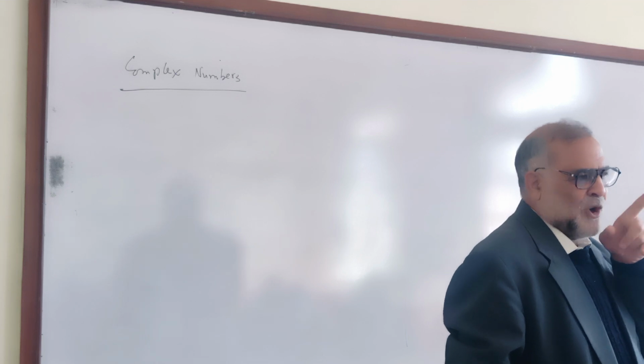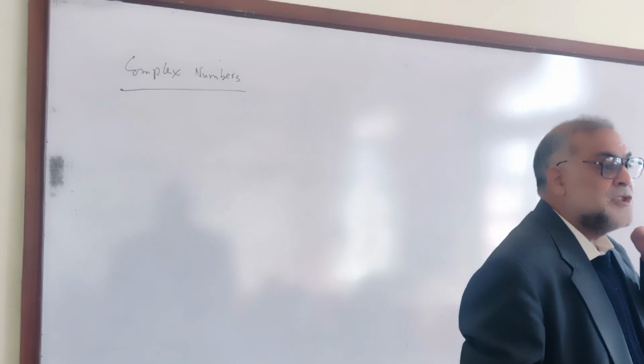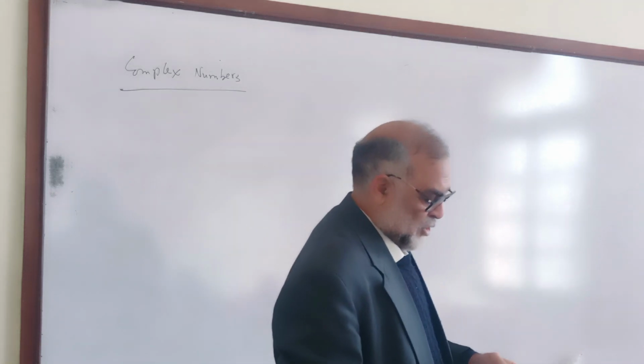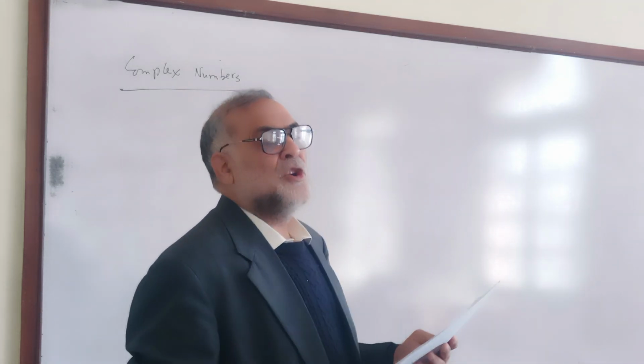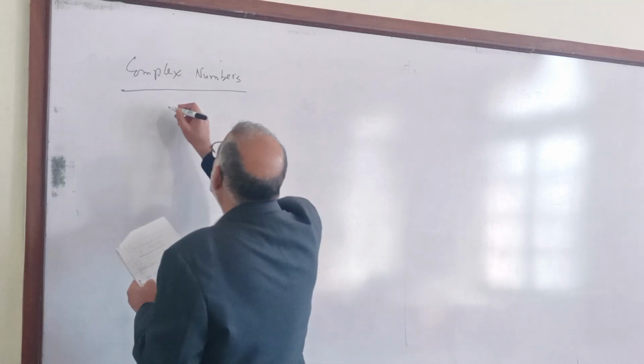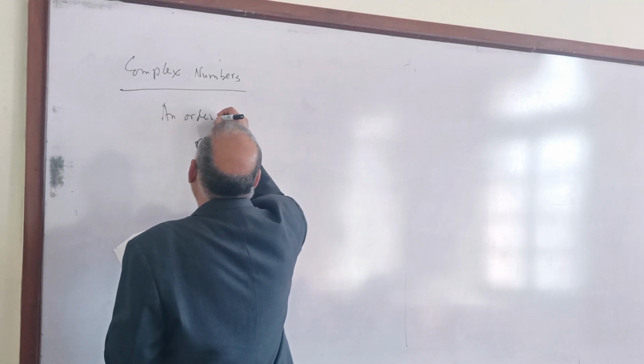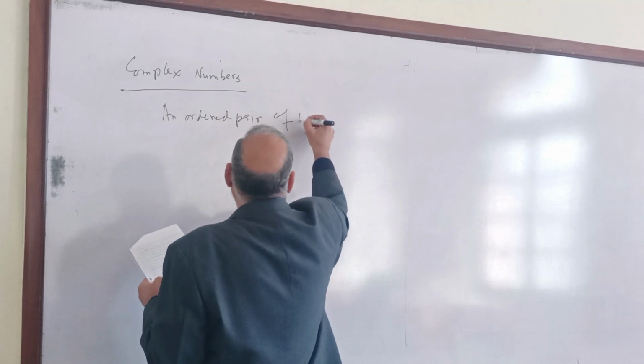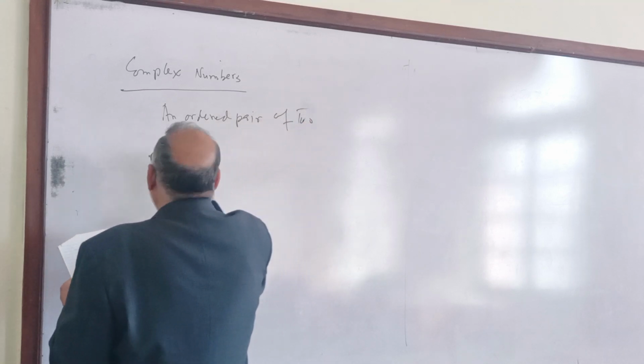You cannot change the order. Ordered pair means when you change the order you change the meaning. So a complex number is an ordered pair of two real numbers.